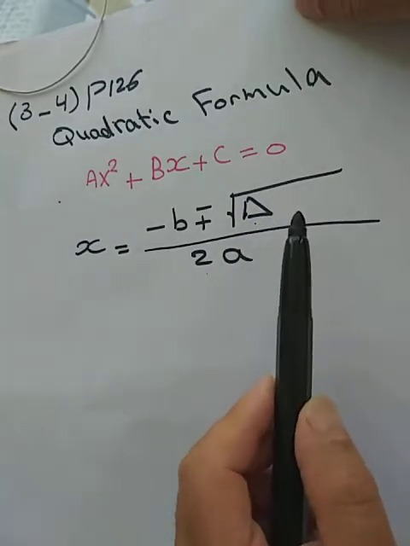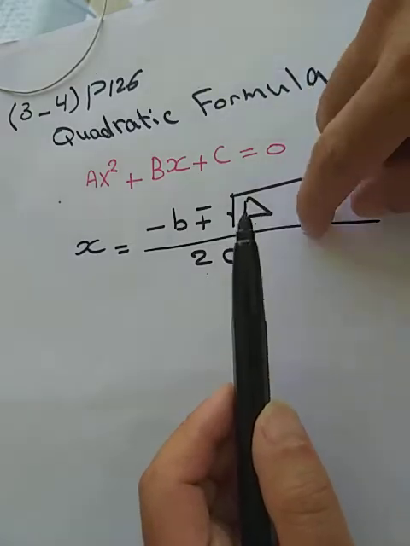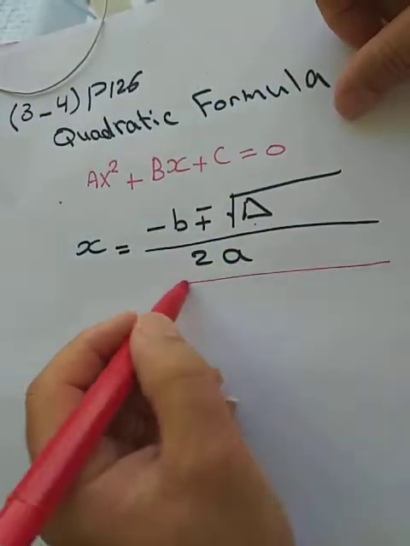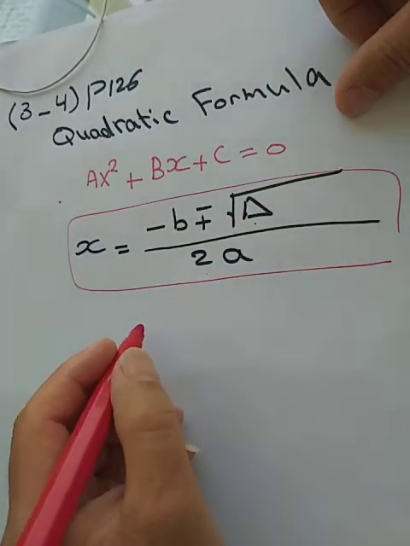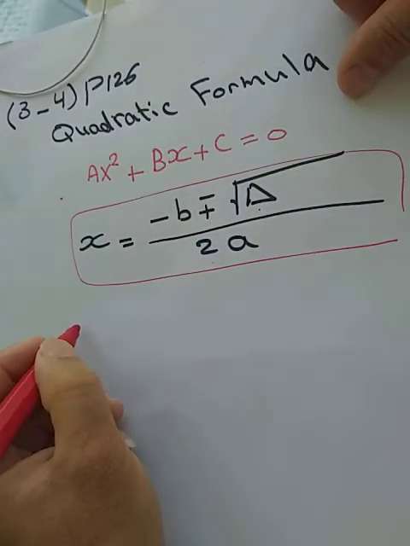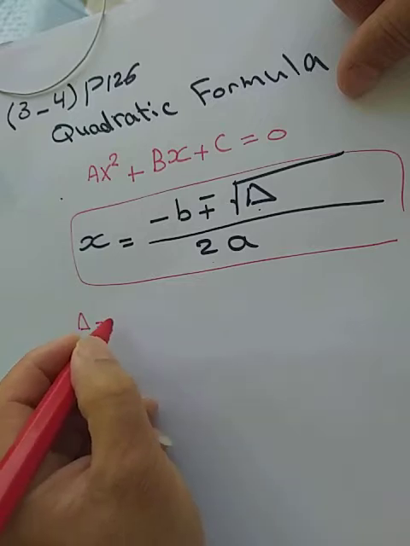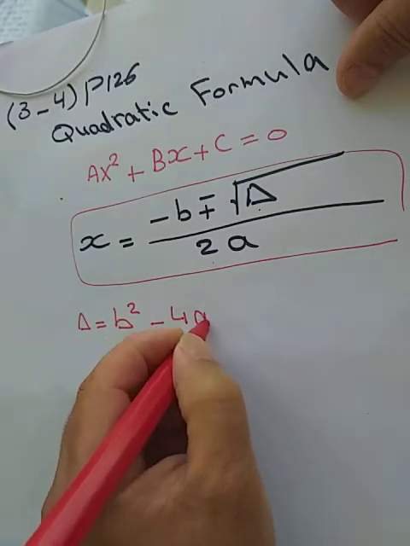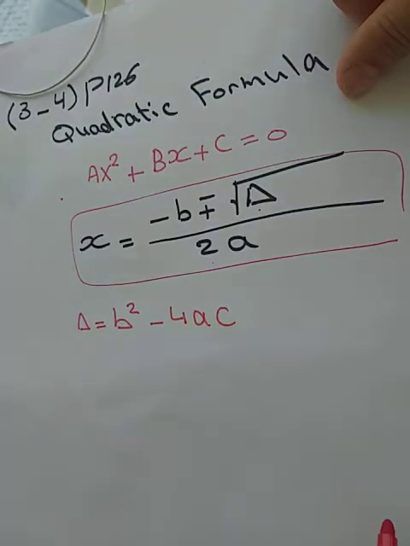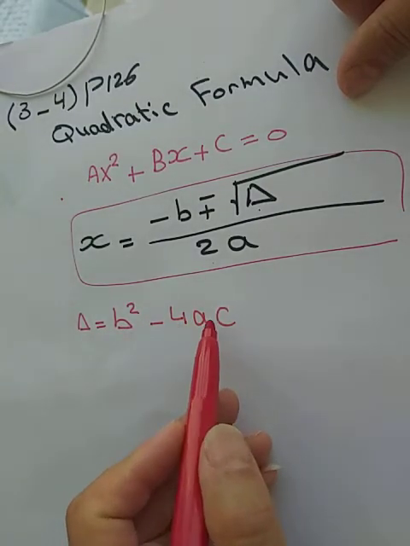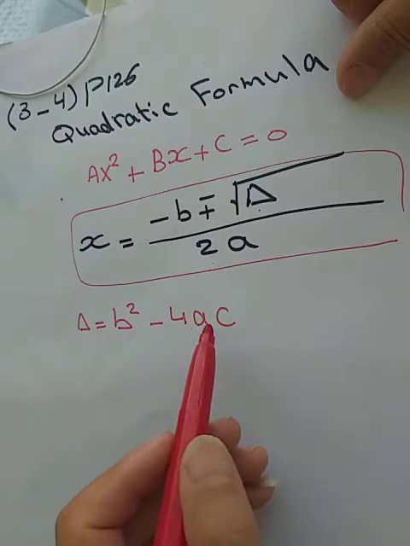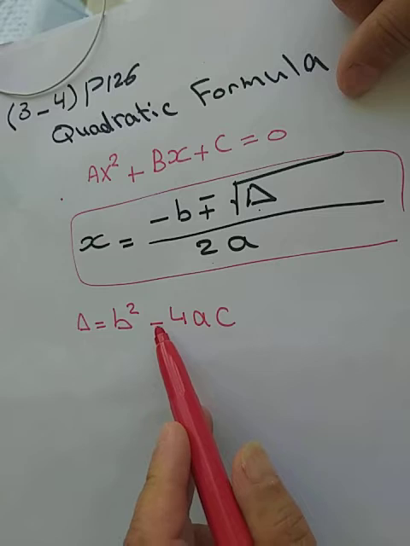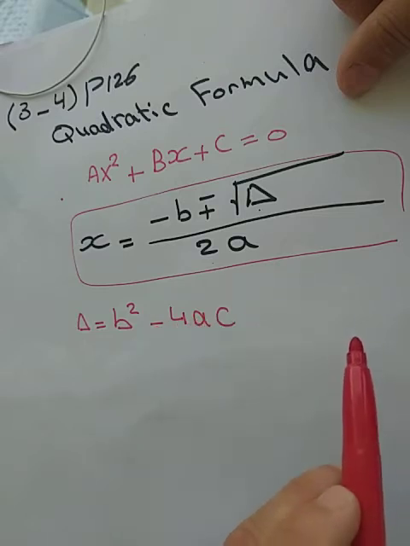Delta is the discriminant, called discriminant delta, and it is equal to b squared minus 4ac. This delta is equal to what? b squared minus 4ac.